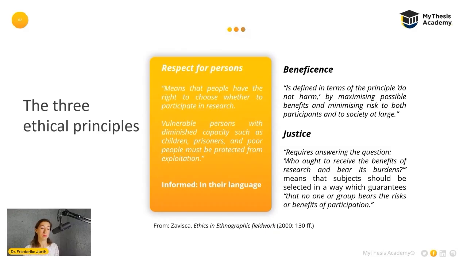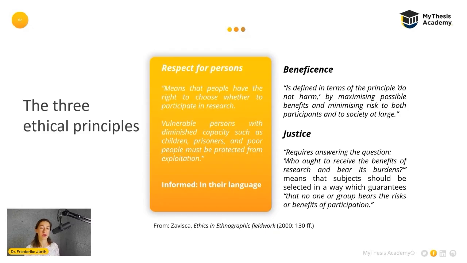First, the respect for persons means that people have the right to choose whether to participate in research. And as an important additional point, it is added that vulnerable persons with diminished capacity, such as children, prisoners, and poor people, must be protected from exploitation.